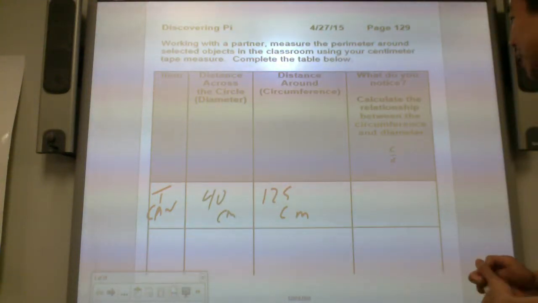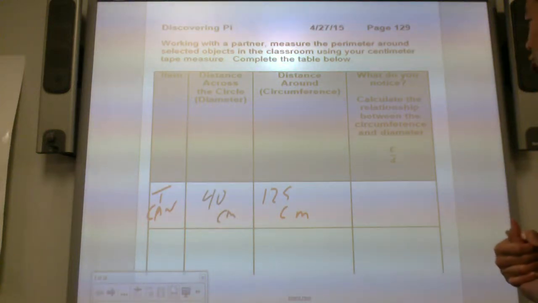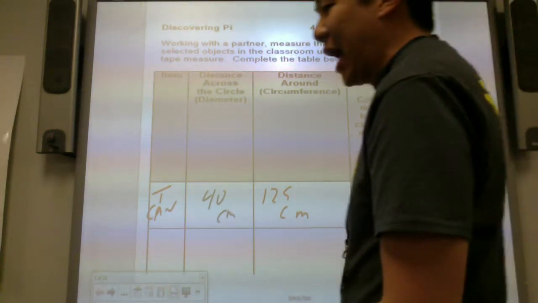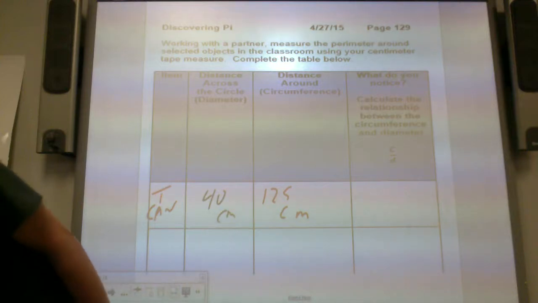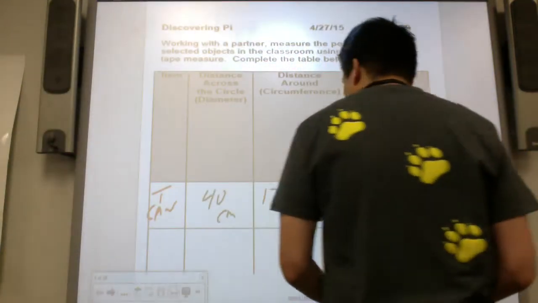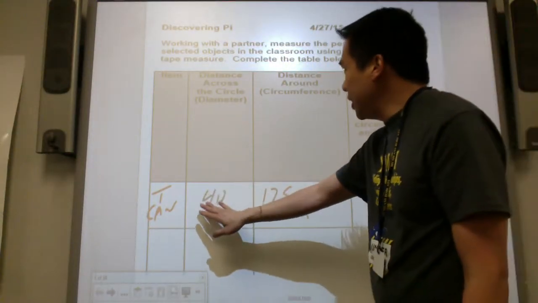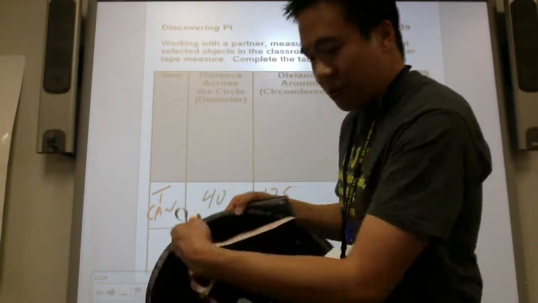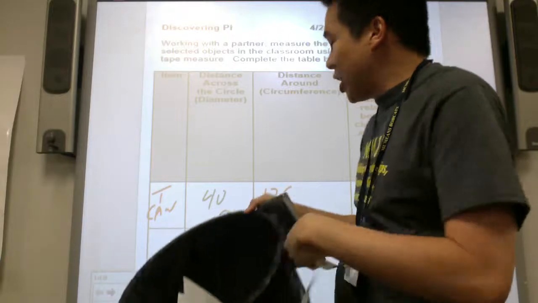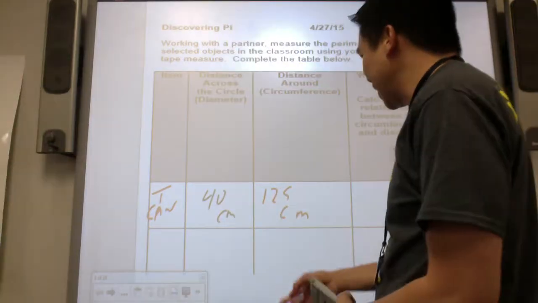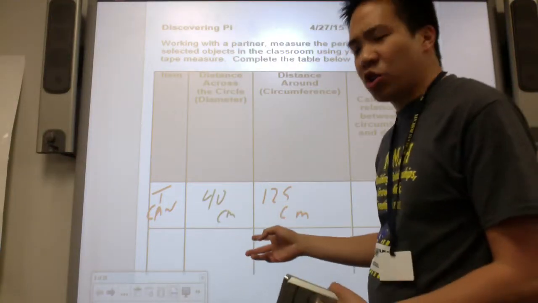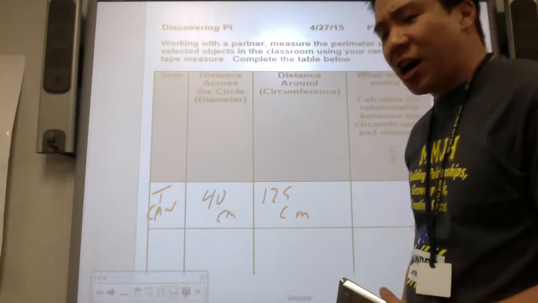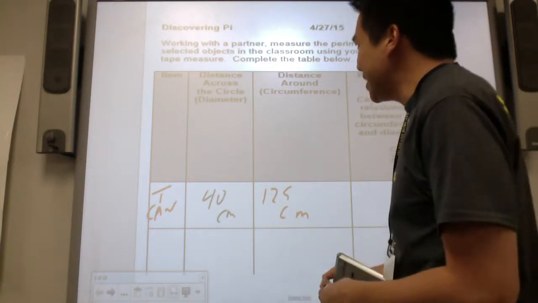Can you find a relationship? Calculate the relationship between the circumference and diameter. Let's see. Before I use my calculator, I have 40 centimeters is the distance across. The distance around is 125. It seems like the distance around, or circumference, is about 3 times larger than the distance across.